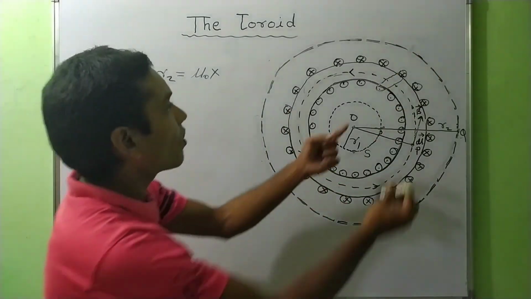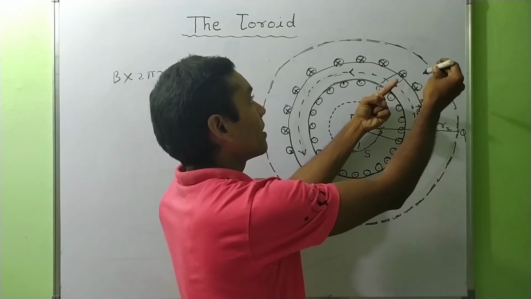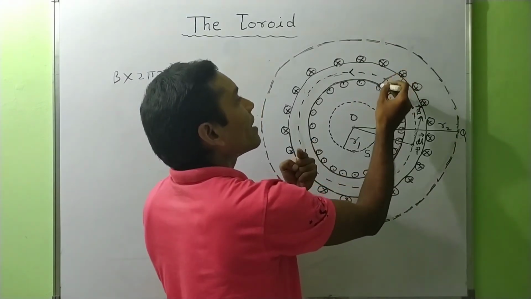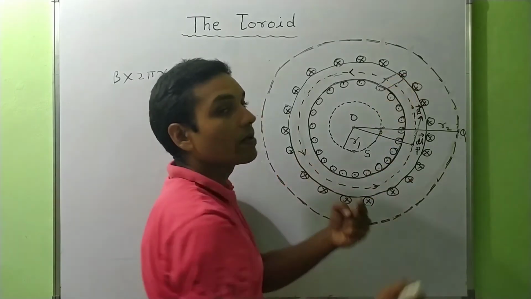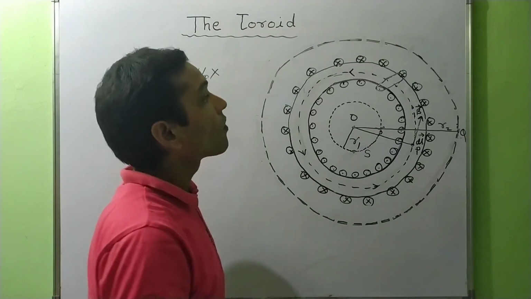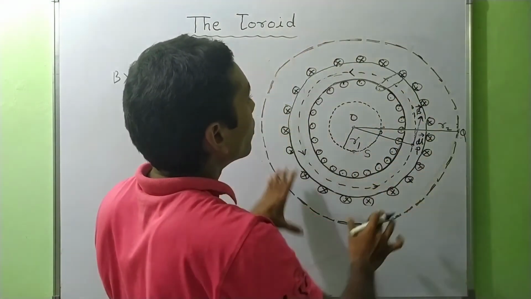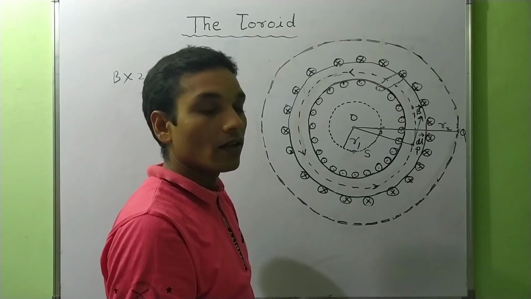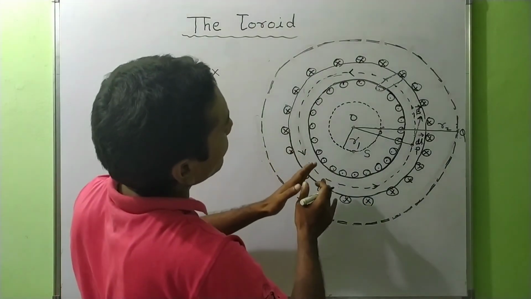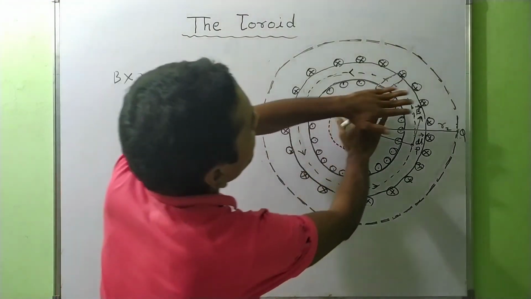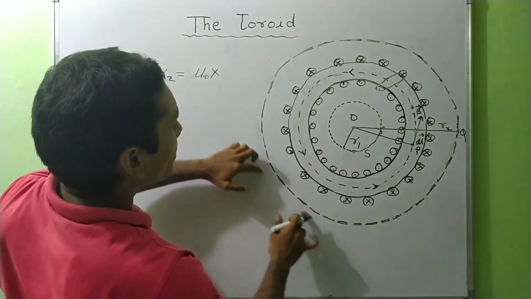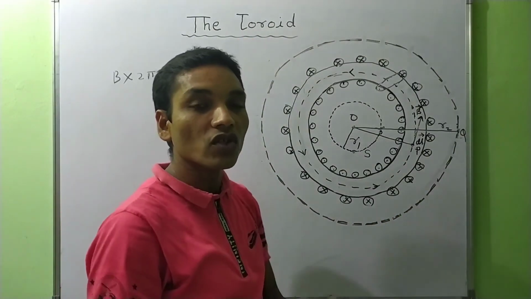Here the directions of current are opposite and the magnitudes are equal. So the net current for this circular loop will be 0 because the direction is opposite. Similarly, for all the loops of copper wire, the net current will be 0. So the total current threading through this area enclosed by this closed Amperian loop will be 0.